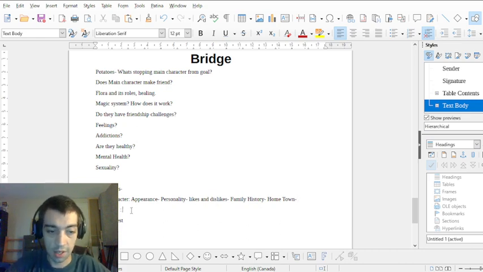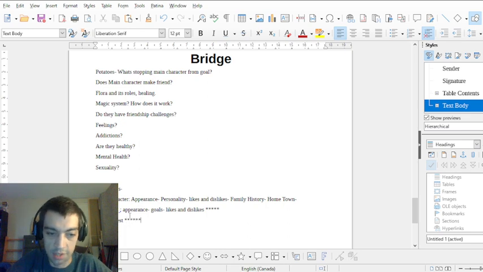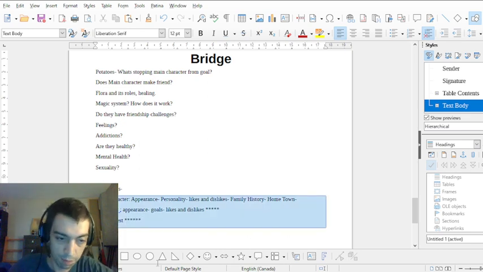So the antagonist, we want, again, appearance, but we want goals too. We want the goals, and we want likes and dislikes, like before. We want everything that is above. I'm just going to keep doing that. I'm going to star that just because, honestly, it repeats. All of these pages have the same information for each of the characters.